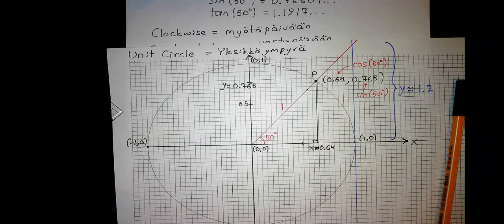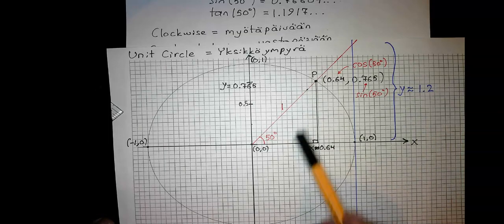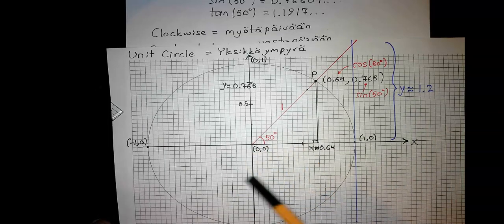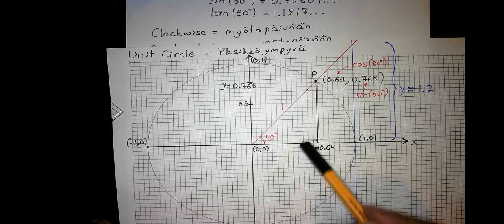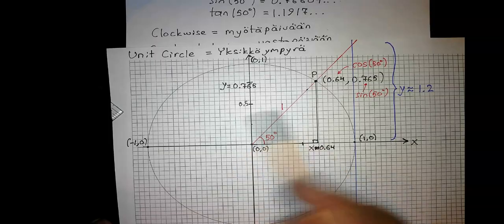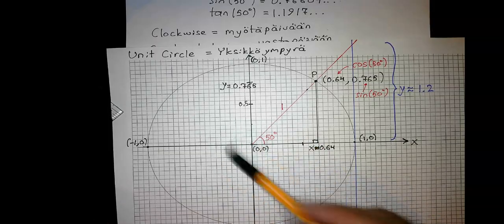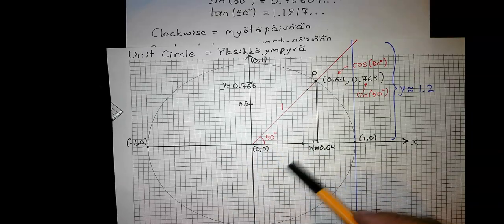But then we could also continue rounding around this circle. We could go first round, second round, etc., and we may continue this as long as we want. We don't need to stop anywhere.